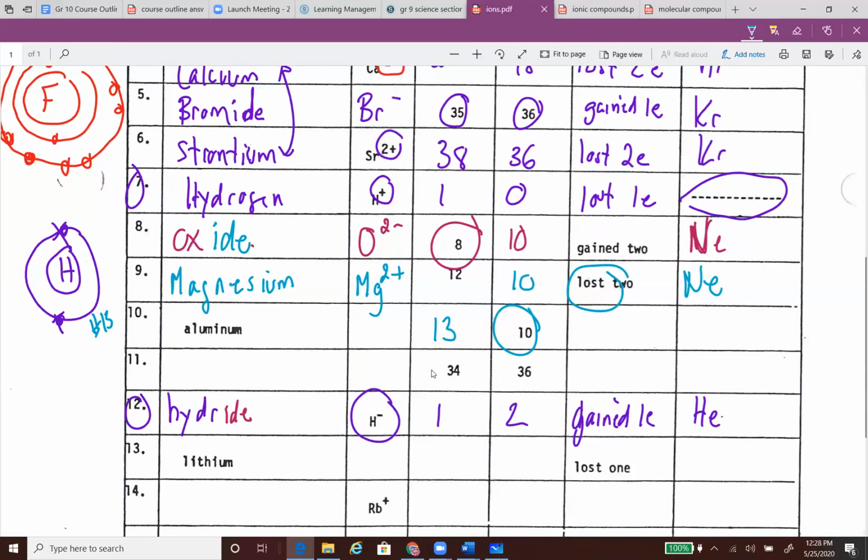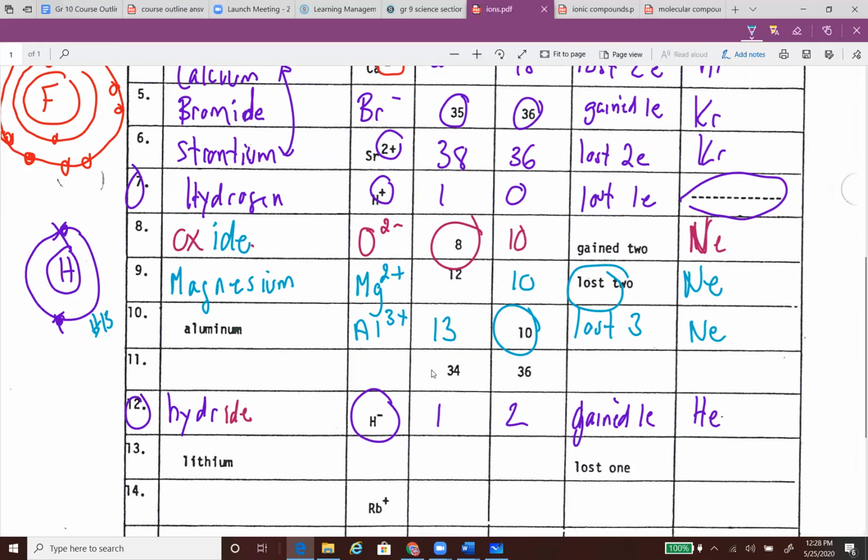But it doesn't, it has 10. So that means it lost 3. Again, with 10 electrons, it would be the same as neon. Now, if it loses 3 electrons, how do you write that? Well, we know that the plus sign means that it's lost electrons, and we just put a 3 in front to represent that it lost 3 electrons.